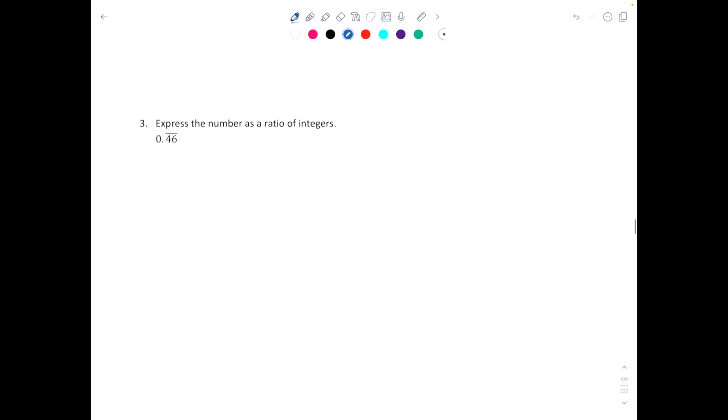Now, this is a really fun application. Express the number as a ratio of integers. So this really, if we wrote it out, would be 0.46 plus 0.0046. The 46 is the repeating part. Plus 0.000046. And you'd keep going like that, right?